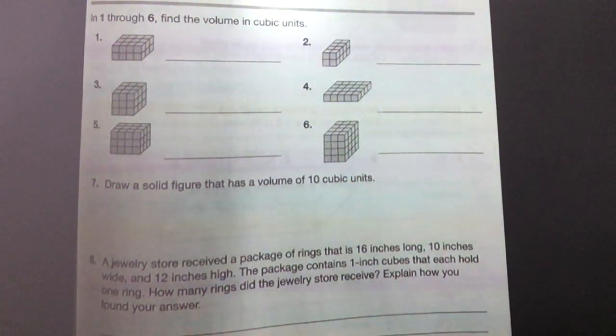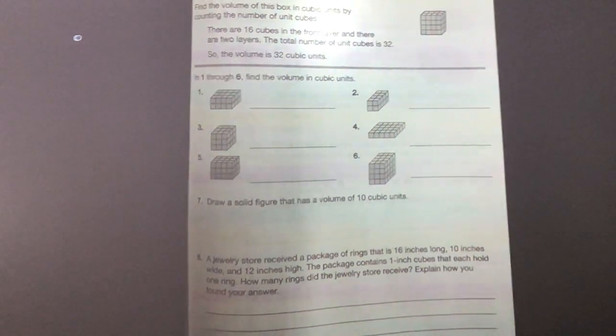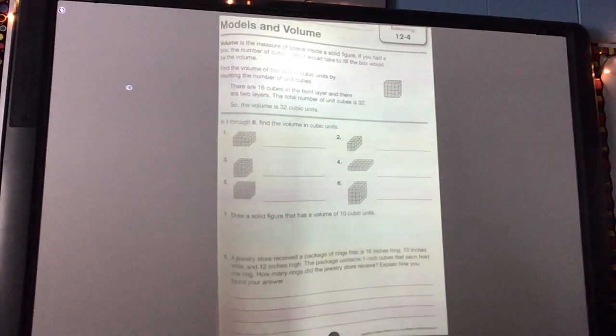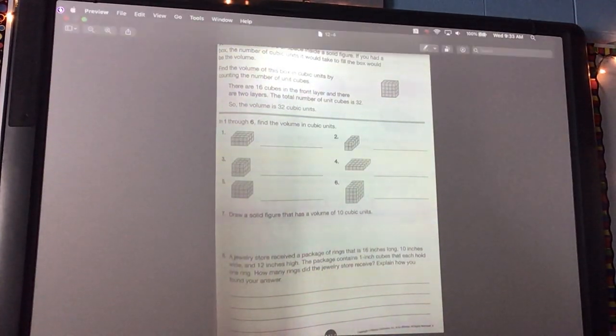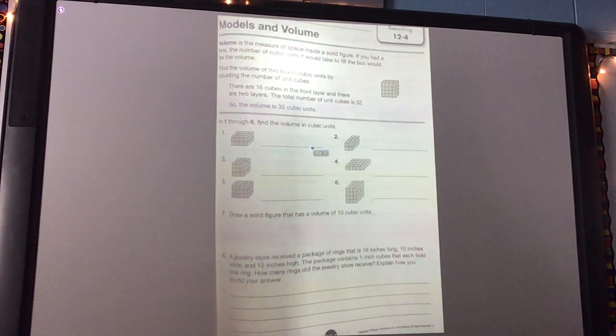All right, number 1. I'll see if I can zoom in up here. If it works anytime soon.